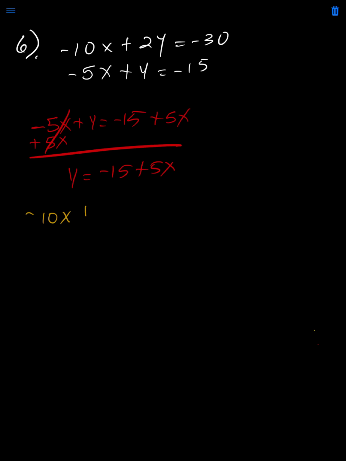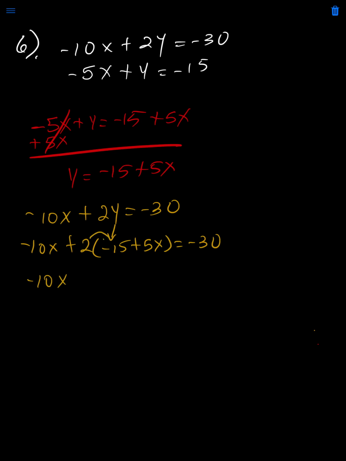Well, since we know that's what y is equal to, I'm going to plug it into the top one, negative 10x plus 2y equals negative 30. Negative 10x plus 2 times the quantity negative 15 plus 5x equals negative 30. Then negative 10x, distribute, gives me a negative 30, and 2 times 5 is 10x, equals negative 30.